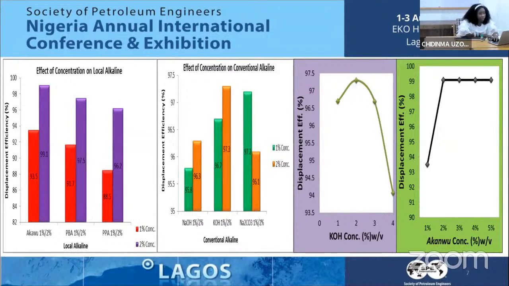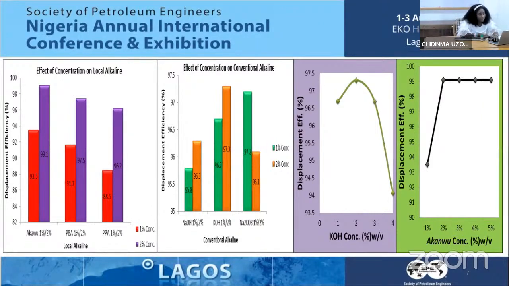As you can see from this plot, the alkaline performed best at 2%, but it was also good at 1%. Palm bunch ash also performed well at 1% and 2%. Then the plantain peel ash also performed well at 1% and 2%.